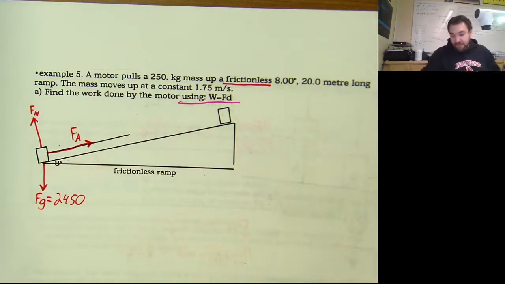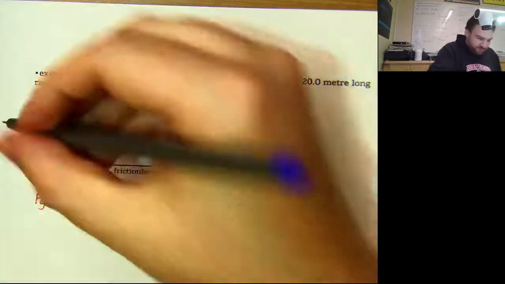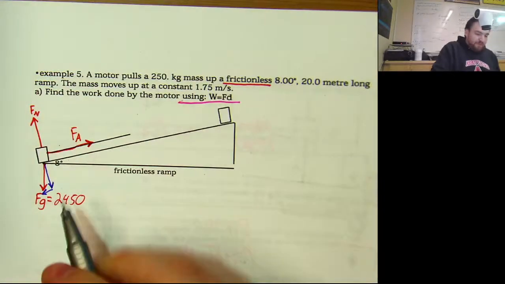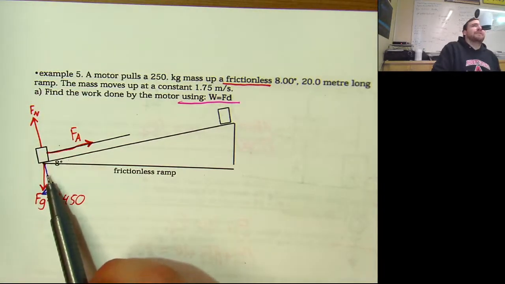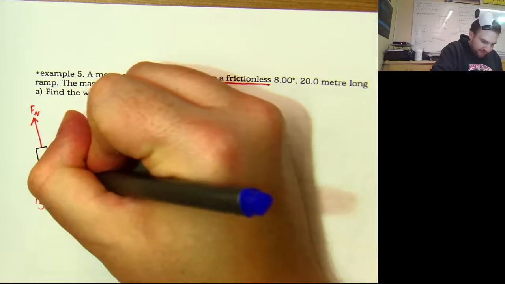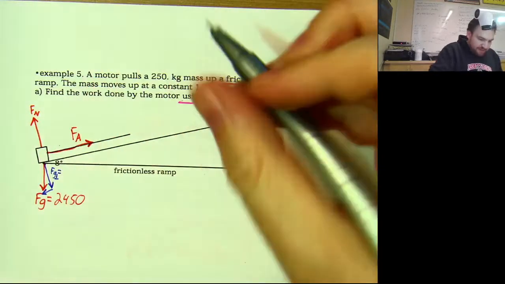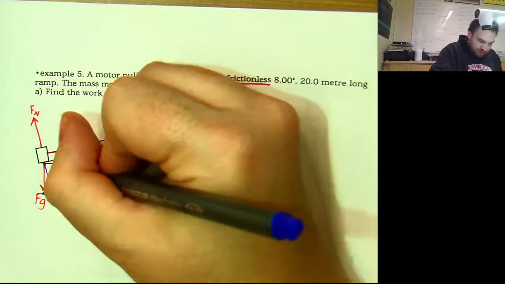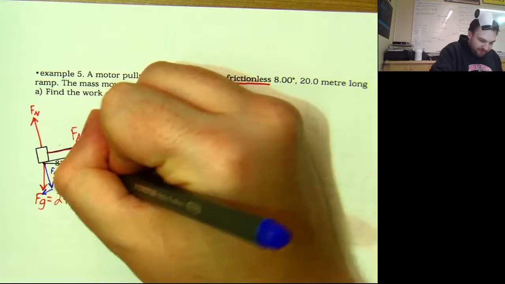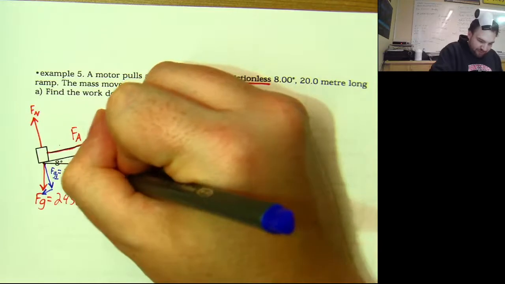Now, Nathan, I do want to break gravity up into components. So I'll have that guy there and this guy there. Remember, components always meet at 90. So that angle there is going to be the same as that angle there. That's 8 degrees. So my FG perpendicular is going to equal 250 times 9.8 times the cosine of 8.